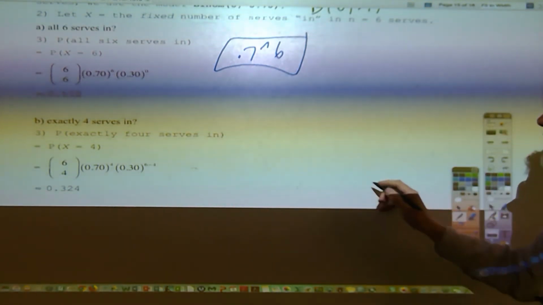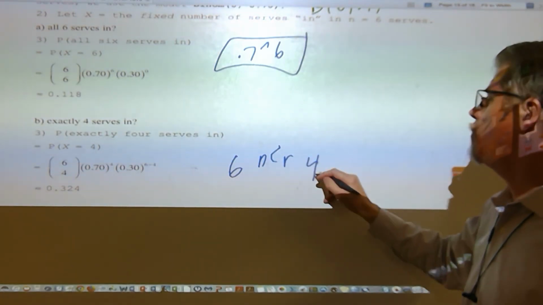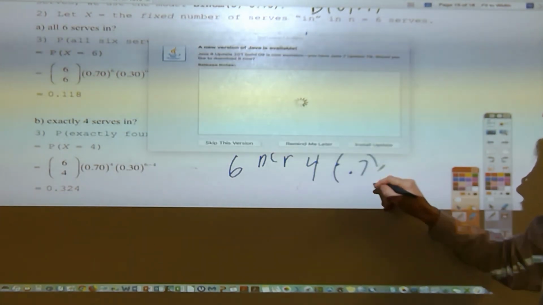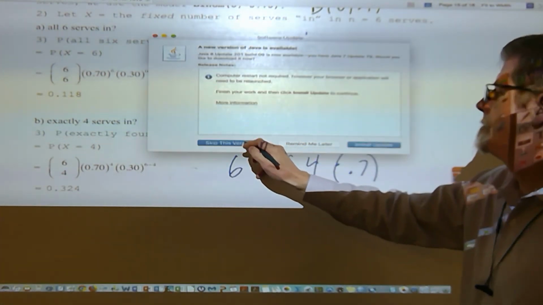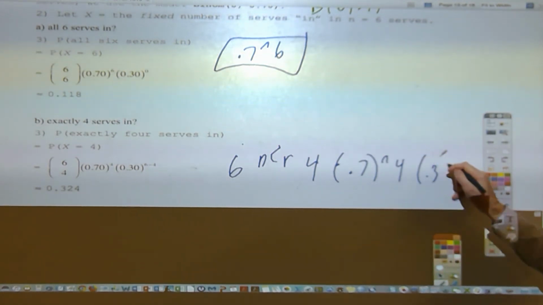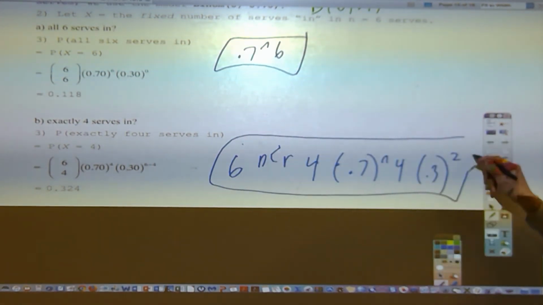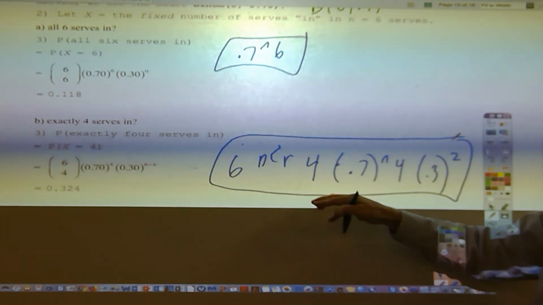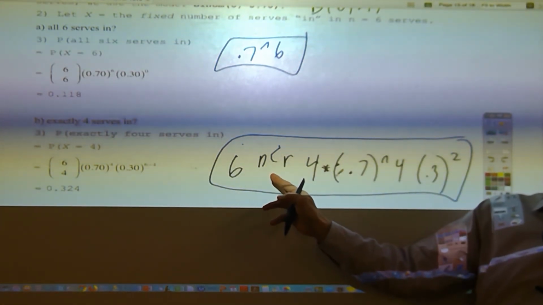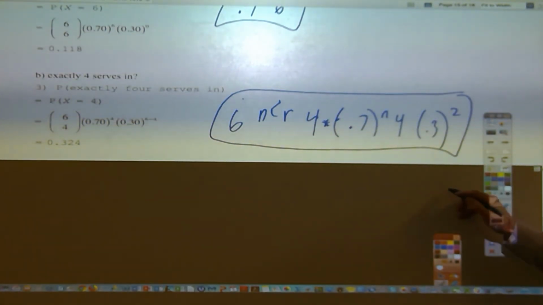The calculator notation here would be 6 nCr 4 times 0.7 to the 4th times 0.3 squared. So if this were on Monday's test, you would put a times sign here, and you would use the nCr to type that in. That's the probability that exactly 4 of the serves are in.